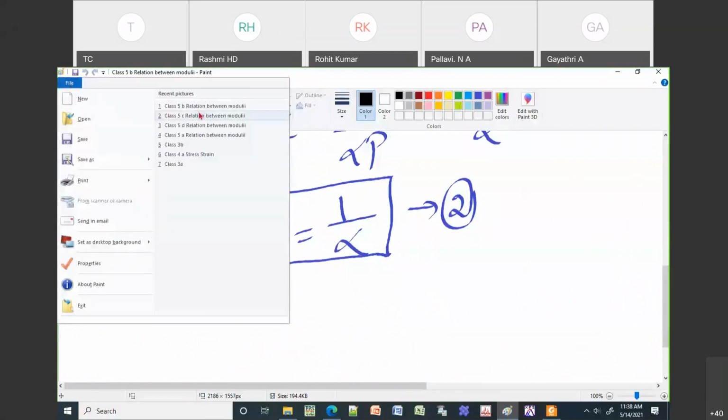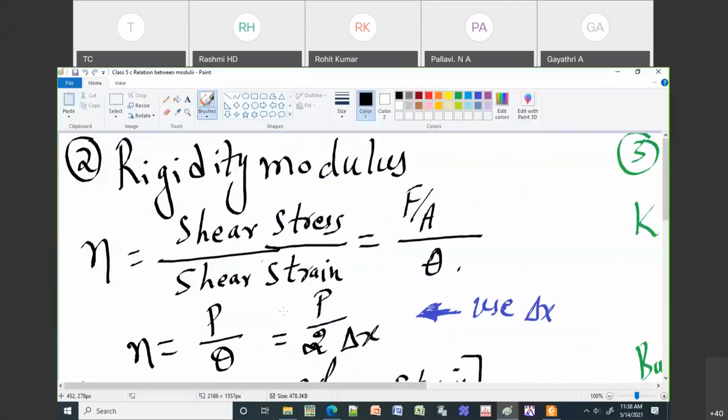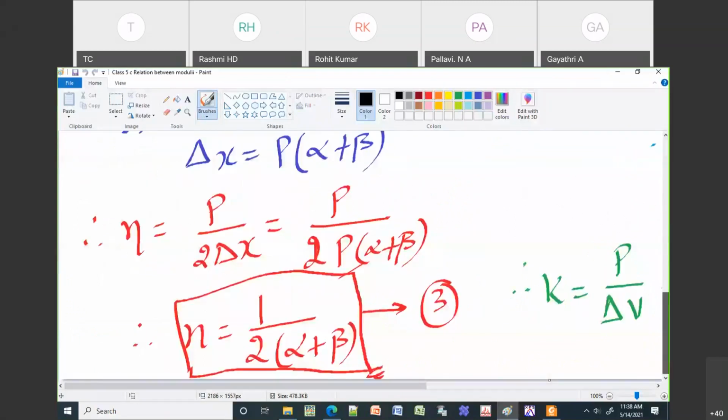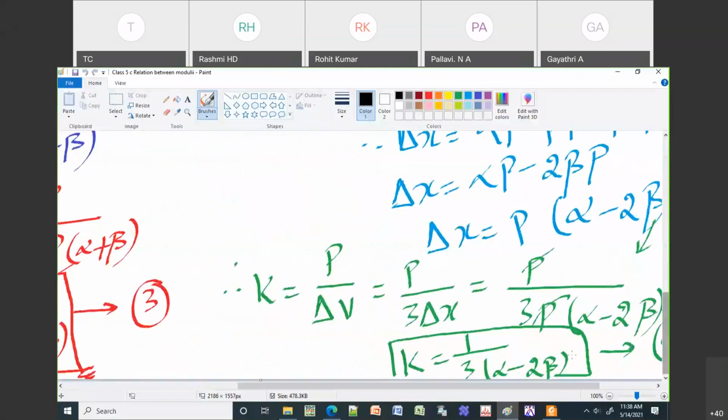Equation number 3 is n equals 1 by 2 into alpha plus beta, and the last one, your equation number 4, is k is equal to 1 by 3 into alpha minus 2 beta. I'm going to copy these equations in a new board.